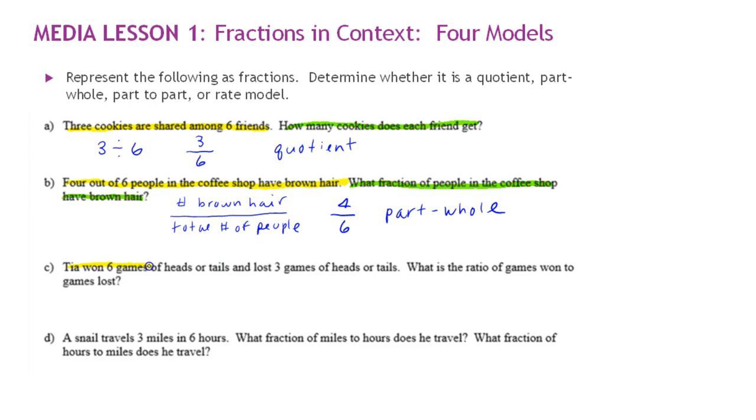Tia won 6 games of heads or tails and lost 3 games of heads or tails. And we're asked, what is the ratio of games won to games lost? So we're comparing the same type of unit, whether she won the game or lost the game.